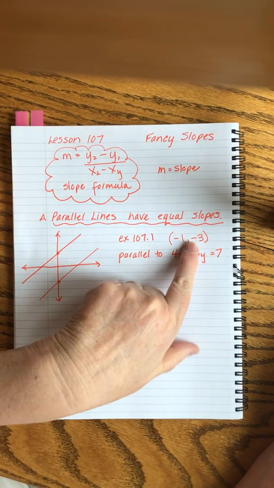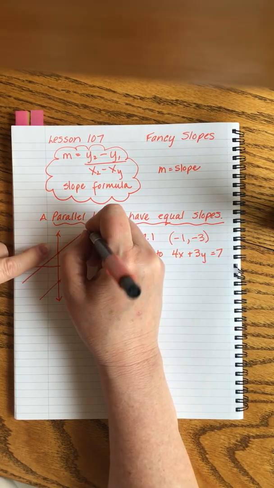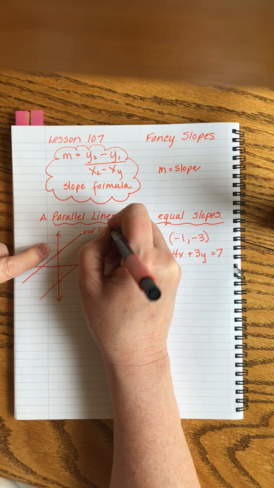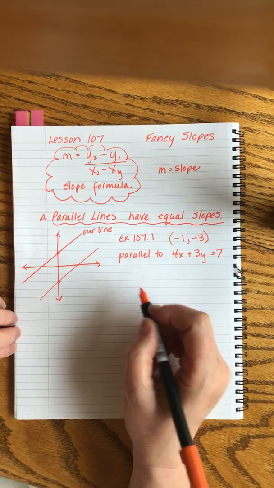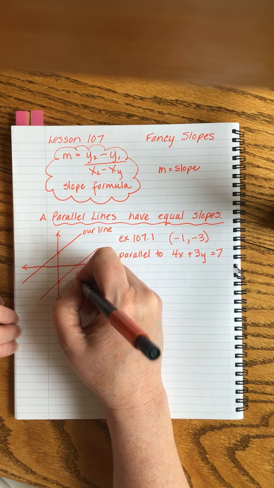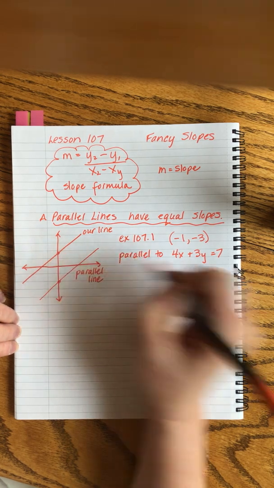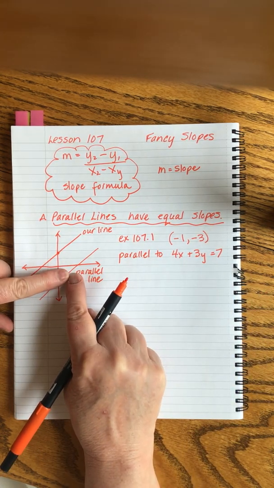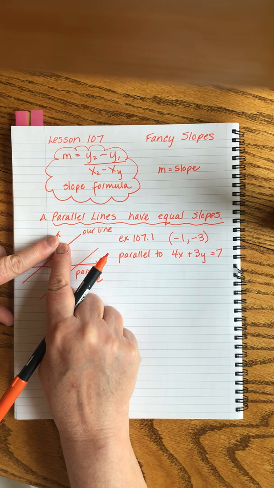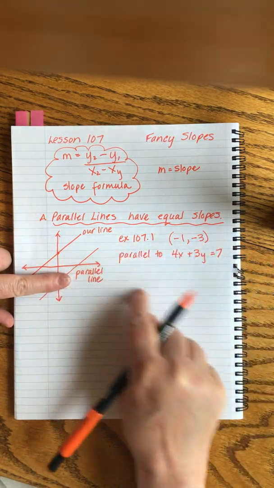Okay, so this is a point that's on our line. Let's pretend this is our line. I didn't draw this accurately to match this, I'm just giving you an idea. And this is the parallel line. Okay, there's our parallel line. If we can find the slope of this line, we know it's going to be the same for our line. So we have to figure out what the slope of this line is.